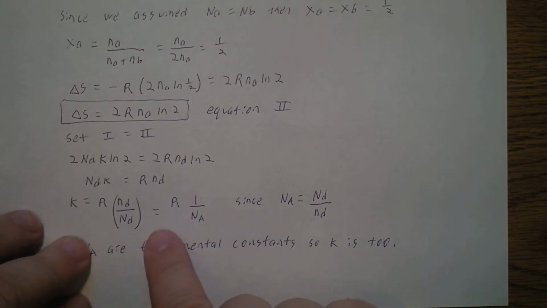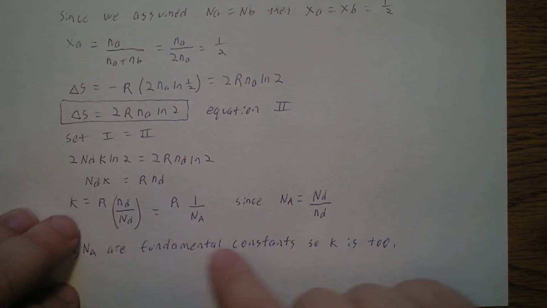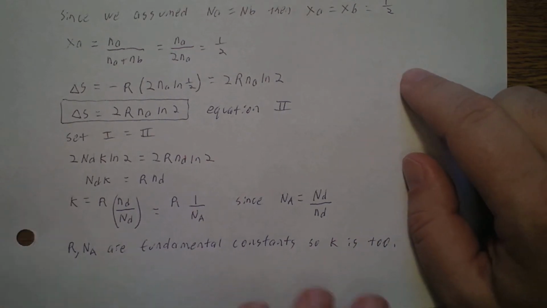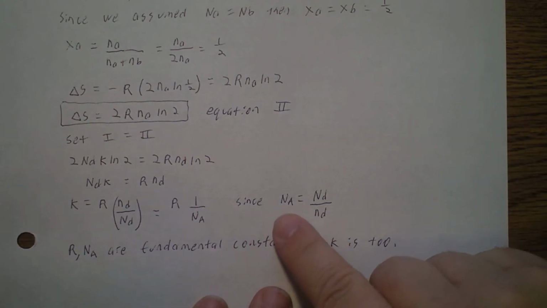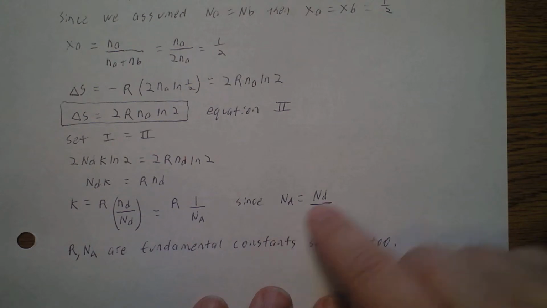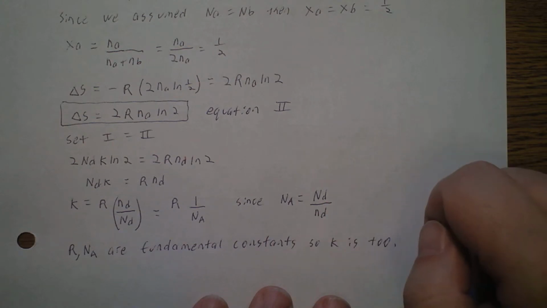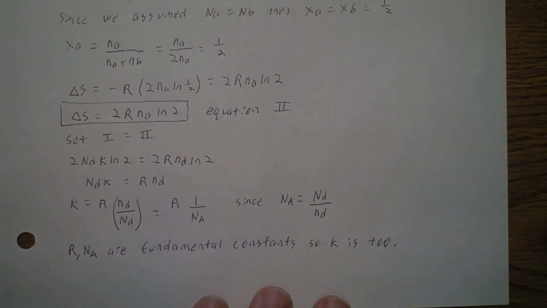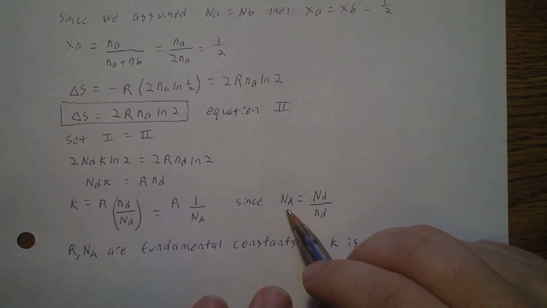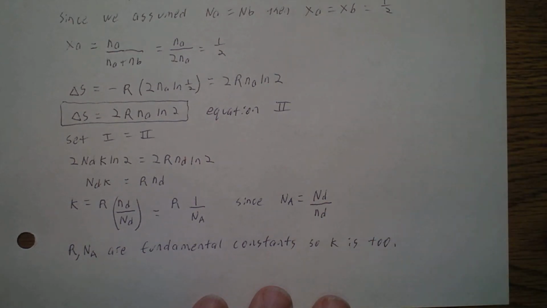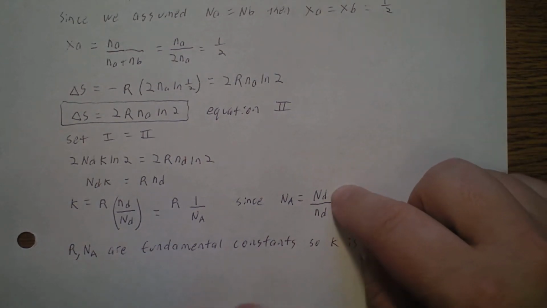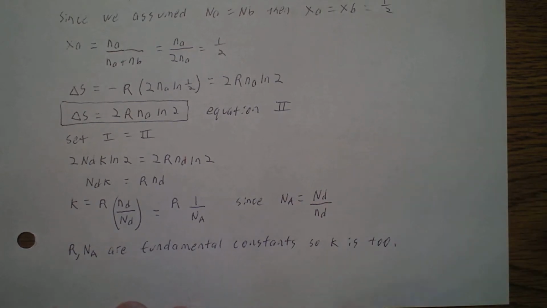So actually what we end up with is K is equal to R divided by Avogadro's number. Now remember what we said before, Avogadro's number, capital A, is equal to the number of molecules divided by the number of moles.